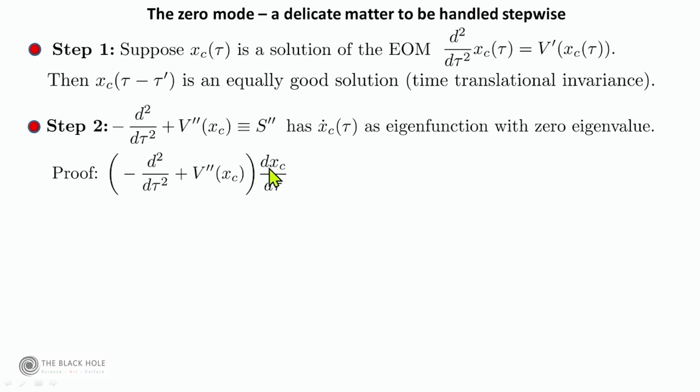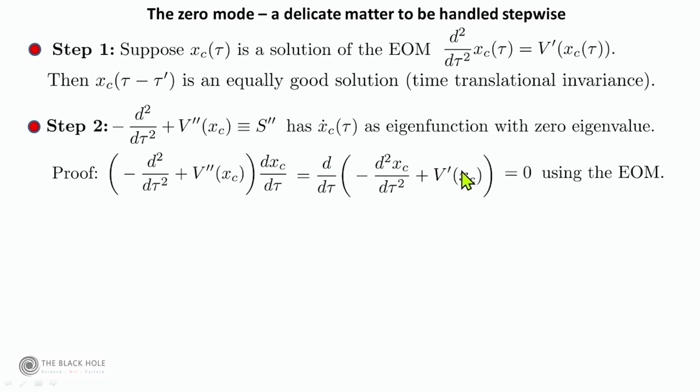Now, d by d tau commutes with d2 by d tau squared, so I can take this out. And you see, I have taken that out. And this d by d tau acting on this, let's figure out what that is. So d by d tau acting on this, first of all, will give you a second derivative of v with respect to x. And then you have to differentiate what's inside by tau.